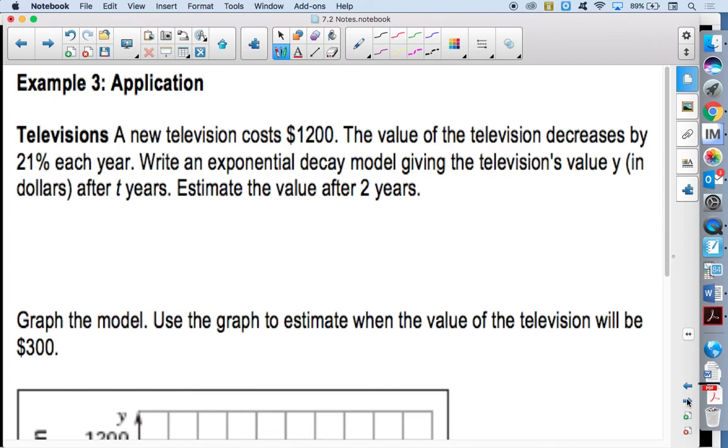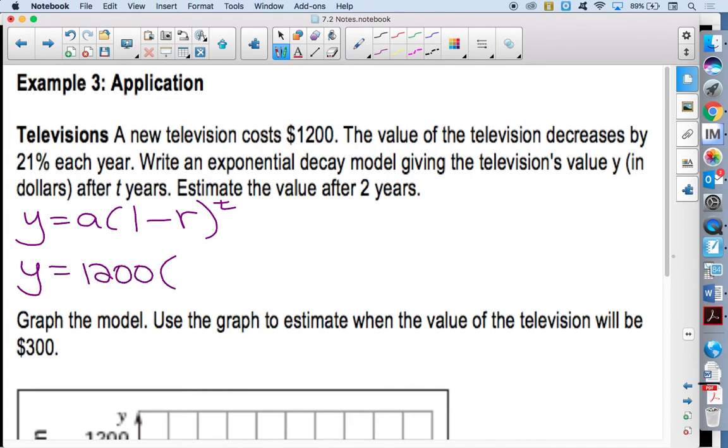So the first thing we want to do is to try and come up with an equation. So instead of adding, we're decreasing, we're subtracting that amount. So what's our initial value for the TV? 1,200. What's it decreasing by? 1 minus 0.21 is?